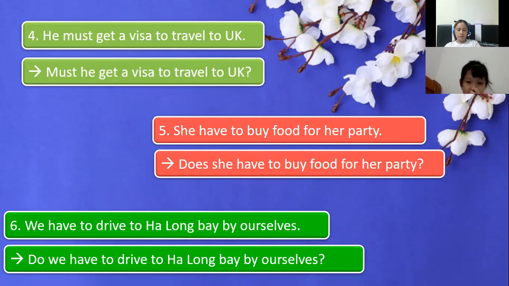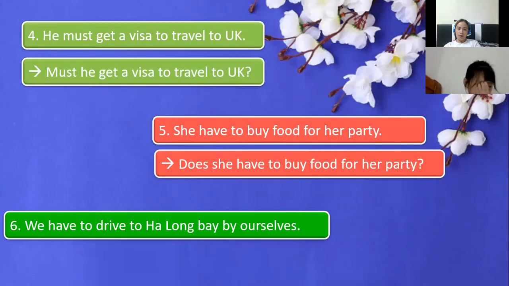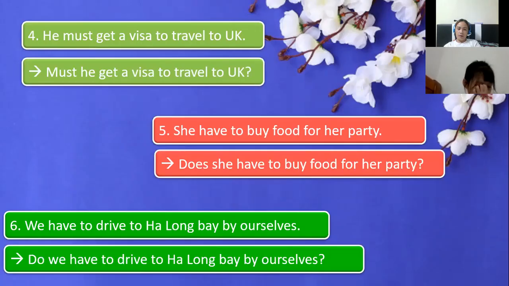She has to buy food for her party. Does she have to buy food for her party? We have to drive to Halong Bay by ourselves. Do we have to drive to Halong Bay by ourselves? Yeah.